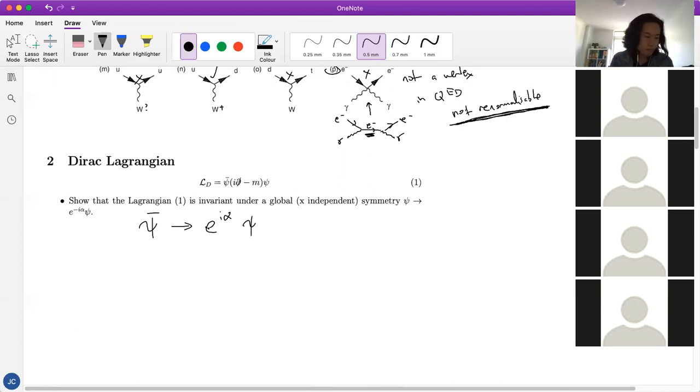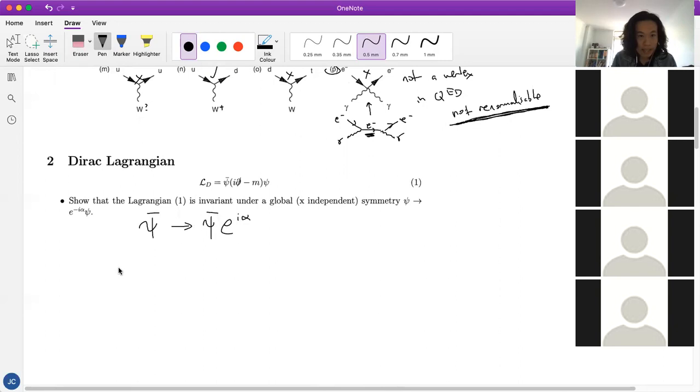So you get this. It's a phase, so it doesn't really matter, but normally you want to pay attention to the ordering. If it's a matrix, you have to be careful with the ordering. So normally you'll put the transformation on the right-hand side, because of the transpose, so you change the ordering.